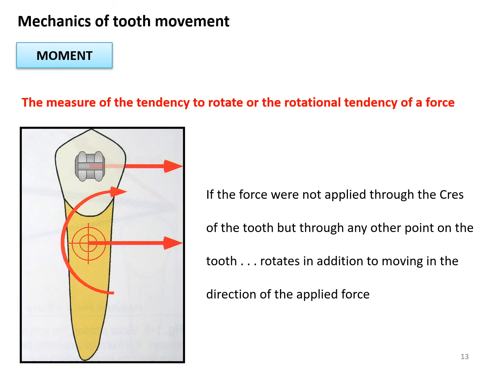So you already understand this. Since the tooth did not receive a force at the level of its center of resistance, there is a tendency for the tooth to rotate. This tendency is known as moment.